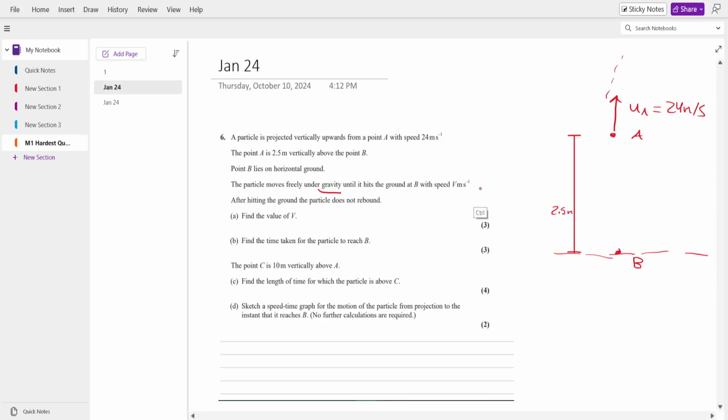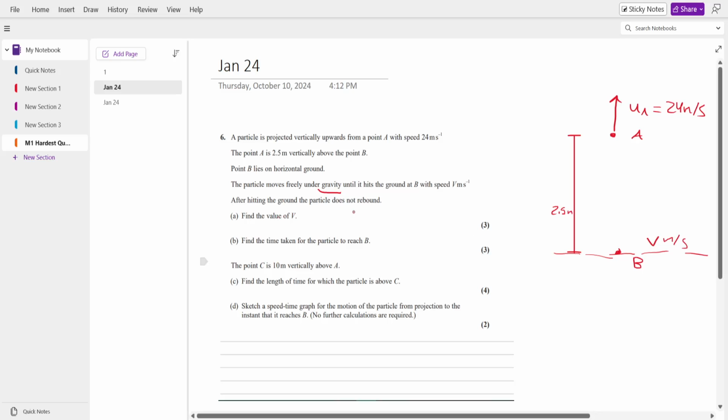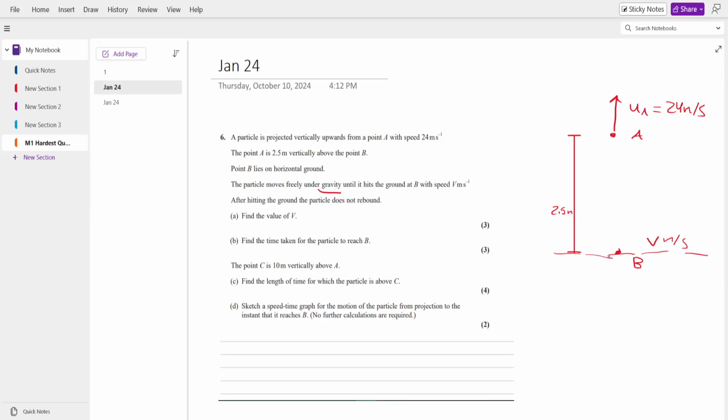And when it reaches the ground, it's going to be moving with a speed v meters per second. After hitting the ground, the particle does not rebound. So probably no momentum equations are needed here, because it didn't tell me any rebound or collision. So the first question tells us to find the value of V.